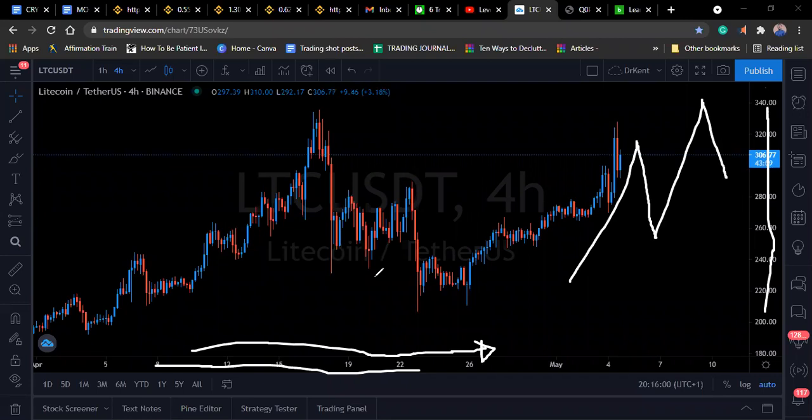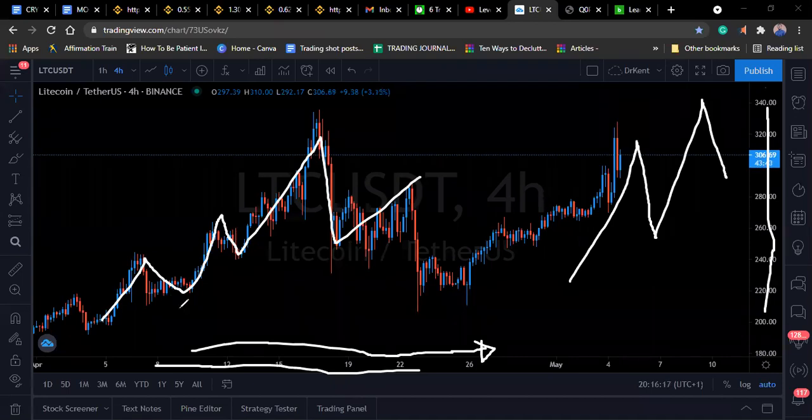Now, the goal of every trader is to be able to make money, to take advantage of this up and down movement of price, this down and up movement, which is what we refer to as price volatility, for the purpose of making a profit.